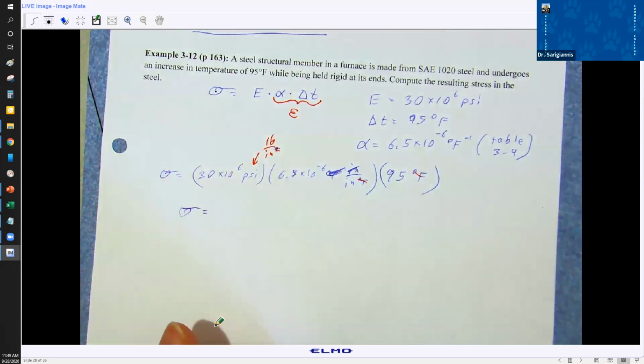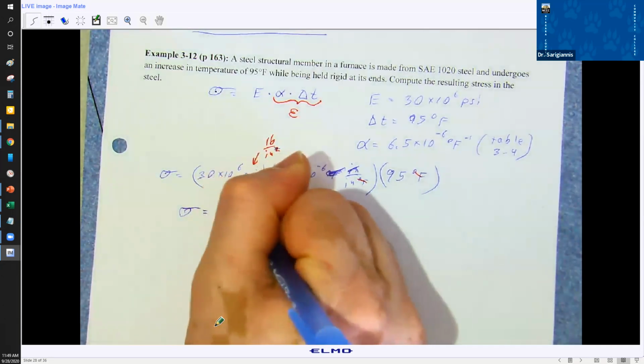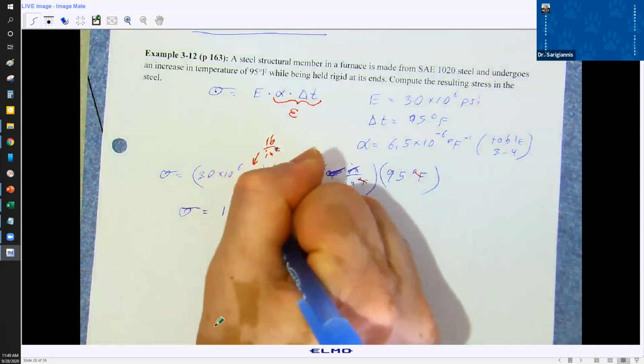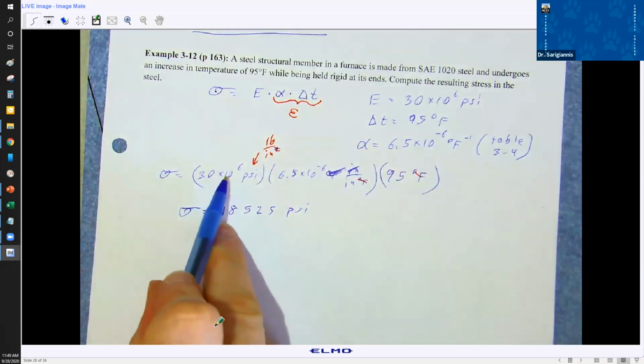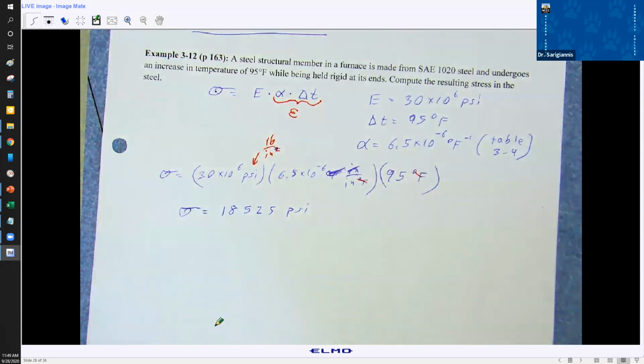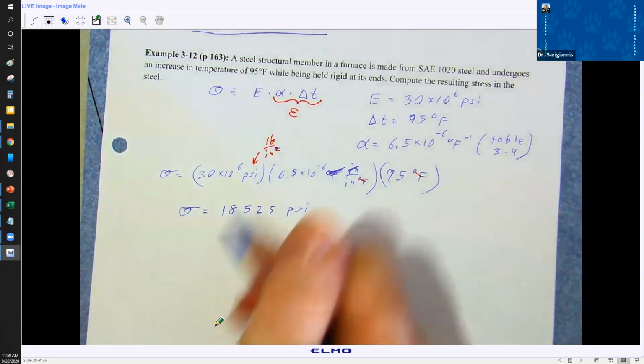So you wind up getting here 18,525 psi. Did I write this down correctly? The 6th? Yeah, that is 10 to the 6th. Let me check: 30 times 6.5 times 95. Yeah, that's right. So this is our stress.